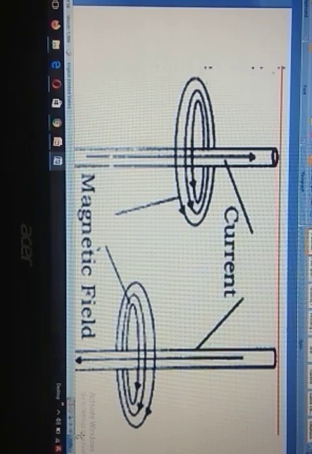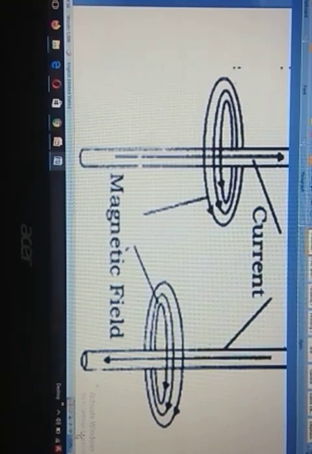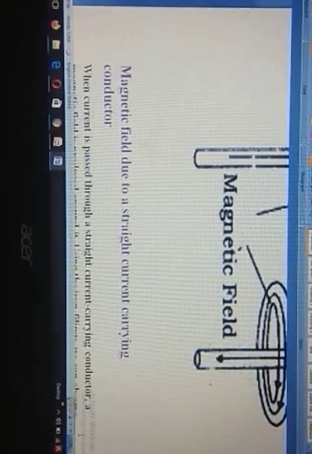When the current passes through the straight conductor, the magnetic field around it is in the form of concentric circles with the conductor at the center. If we place a magnetic compass, we can find that the needle of the compass is oriented as shown in the figure. This shows the current and the magnetic field lines.